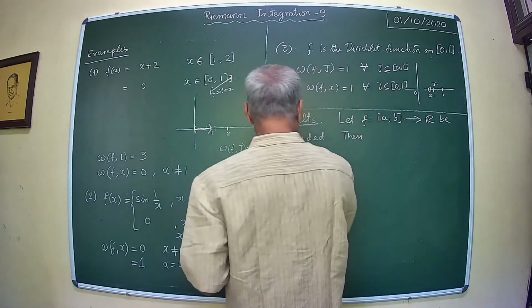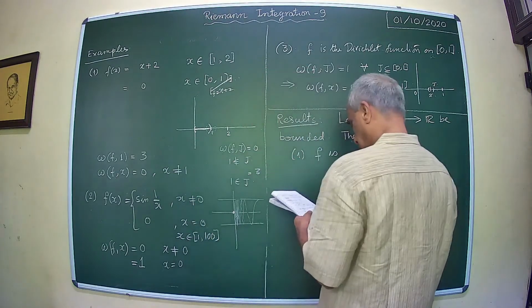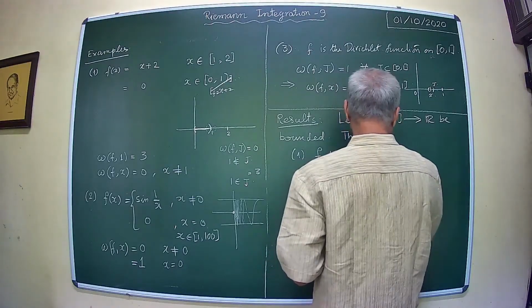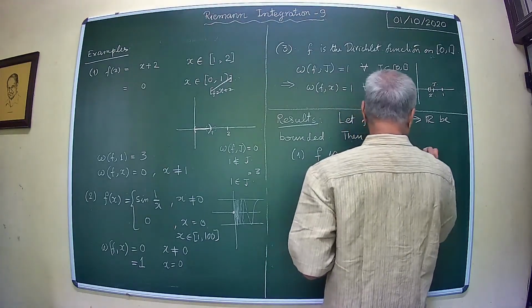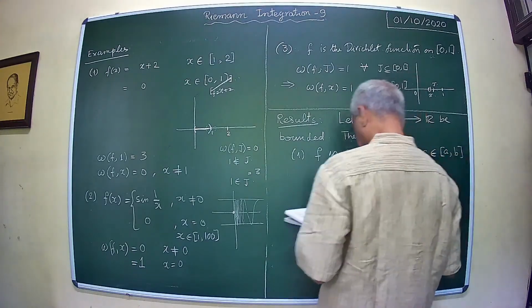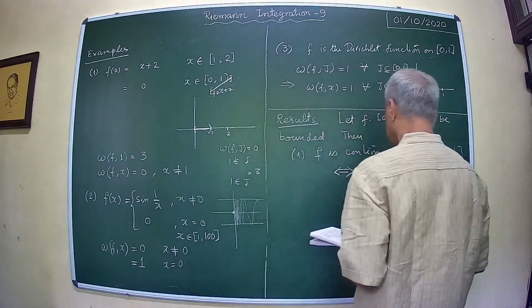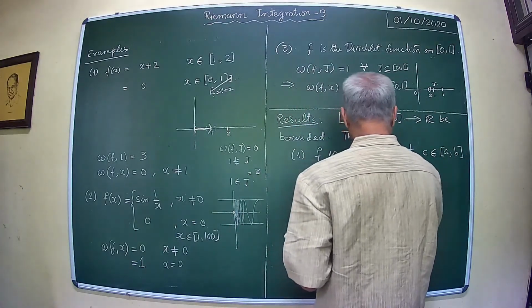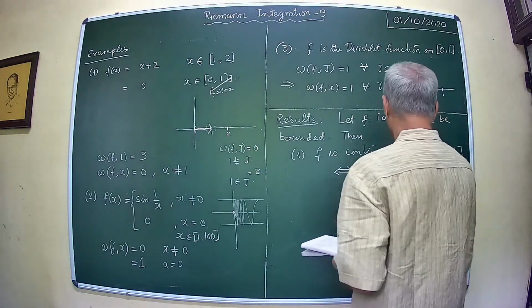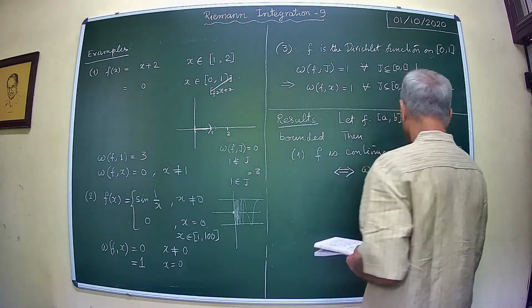the first result is f is continuous at C belonging to AB if and only if, very strong result, omega f at C is equal to 0.